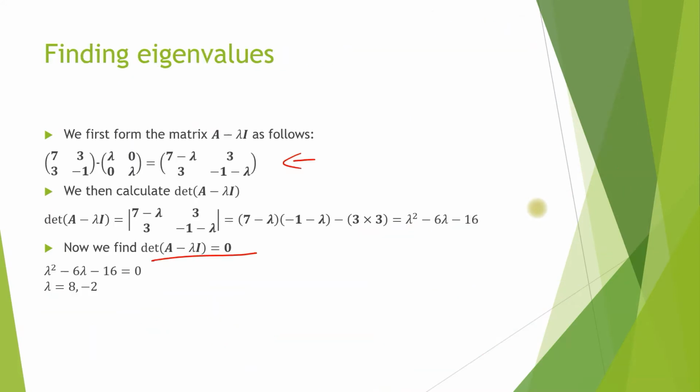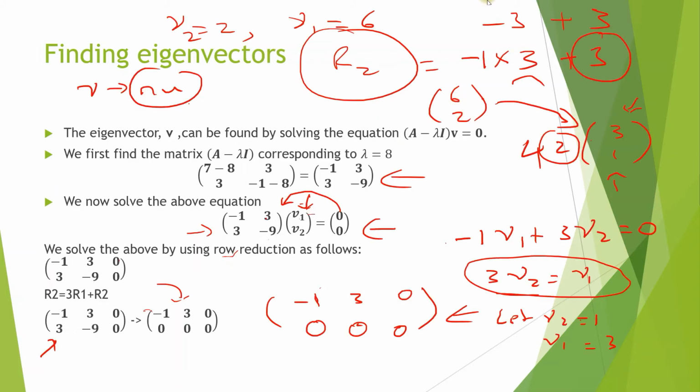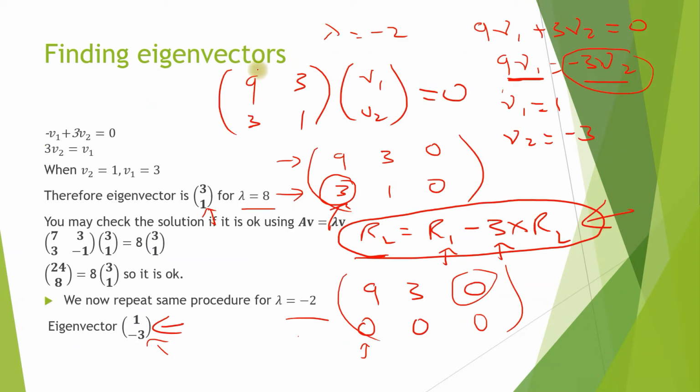You have noted that there are two possible eigenvectors that we got, one for lambda equal to 8 and one for lambda equal to 2. For lambda equal to 8, we got 3, 1, and we got 1, negative 3.